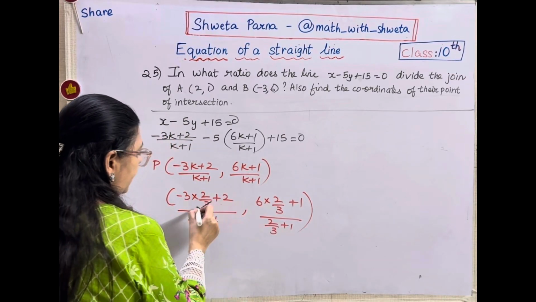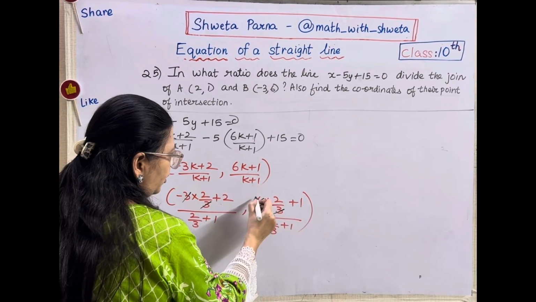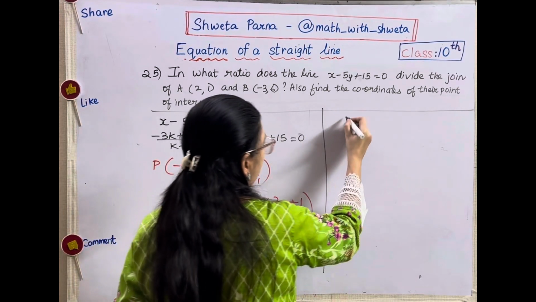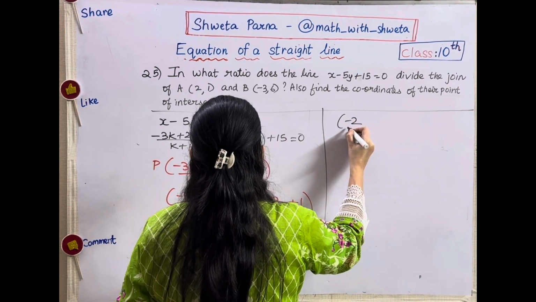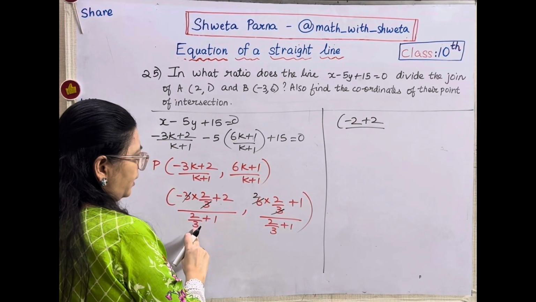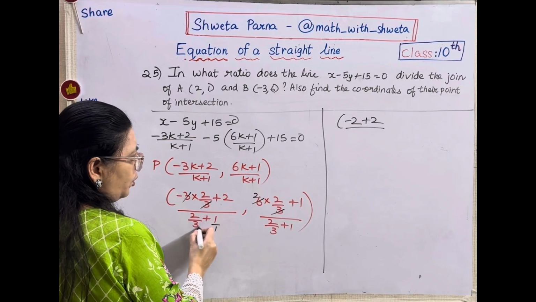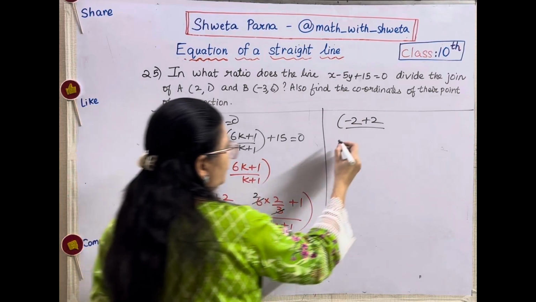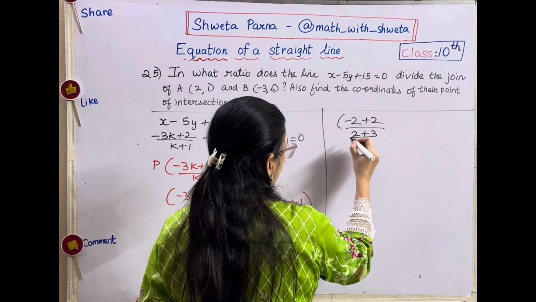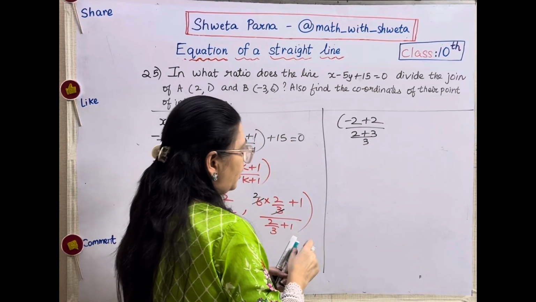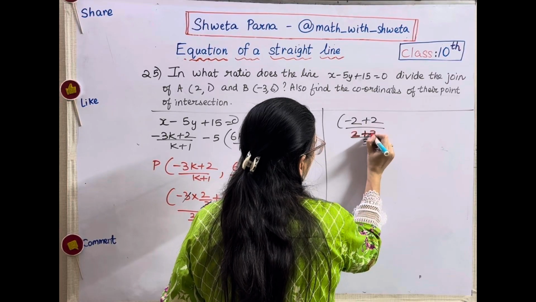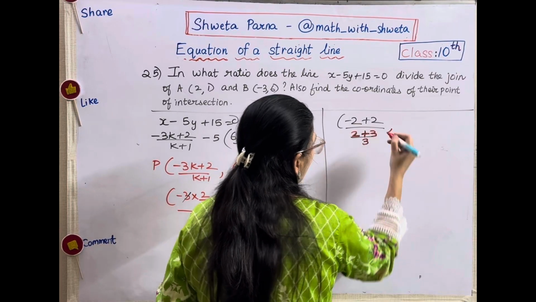So 3 and 3 get cancelled. 3 2s are 6, so you will get minus 2 plus 2 upon... now take the LCM. LCM here would be 3. So this would be 2 plus 3 upon 3. I will write it with different colors, the numerator and the denominator, so that you don't get confused. Upon 3. Okay.